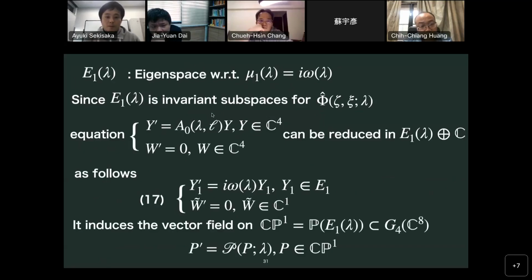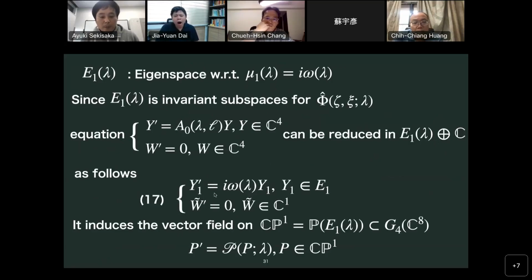So it is an invariant subspace for phi hat, and this extended system reduces on E1, the disjoint union of C. So it means the periodic boundary condition is expressed as linear subspaces. The reduced system is given by equation 17.